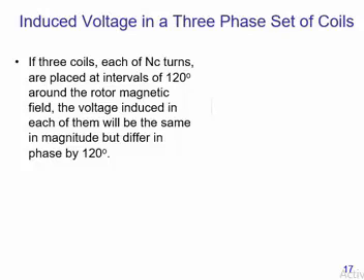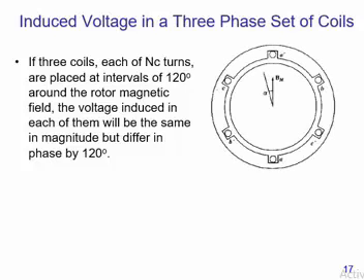If 3 coils are there, as represented in the figure, one coil is A A bar, another coil is B B bar, third coil is C C bar. We are supposing that we are looking into these 3 coils from the top of the machine.